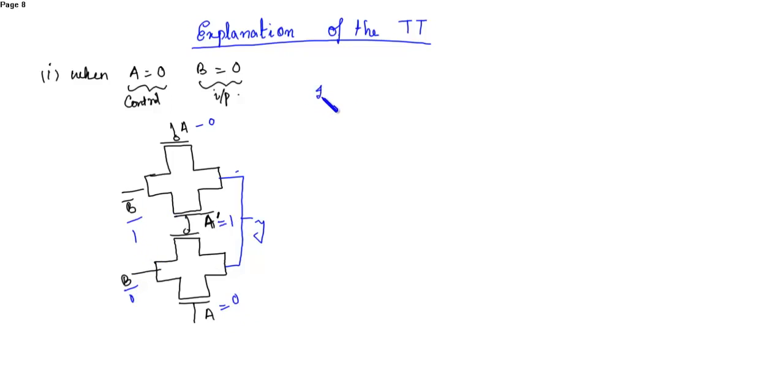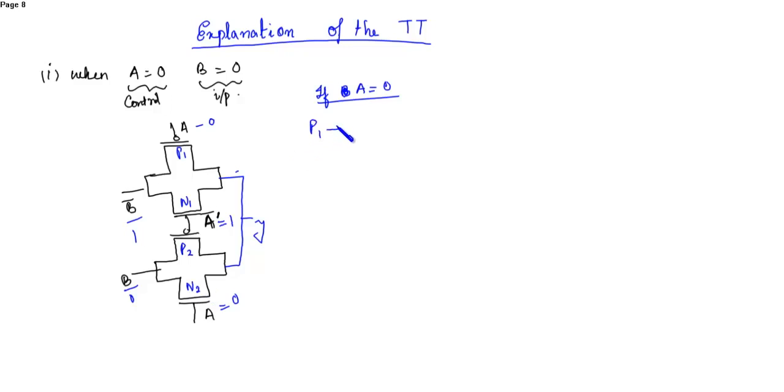So if you see this condition, here control signal is A. So if A is 0, then this is suppose P1, N1, this is P2 and this is N2.